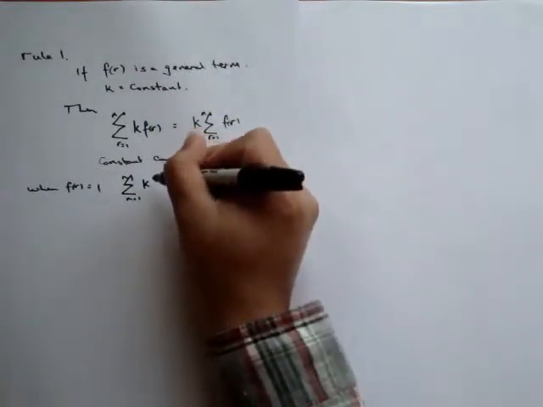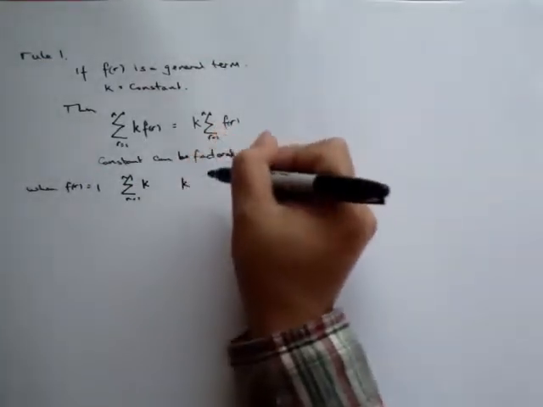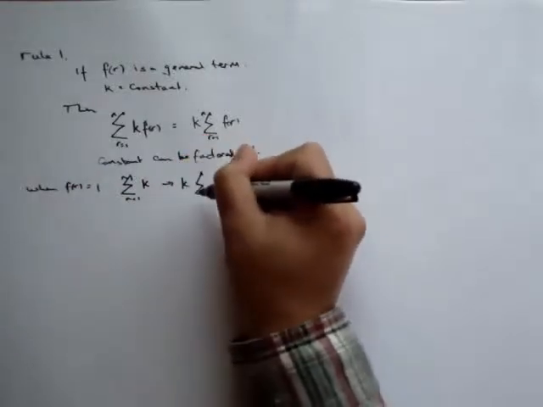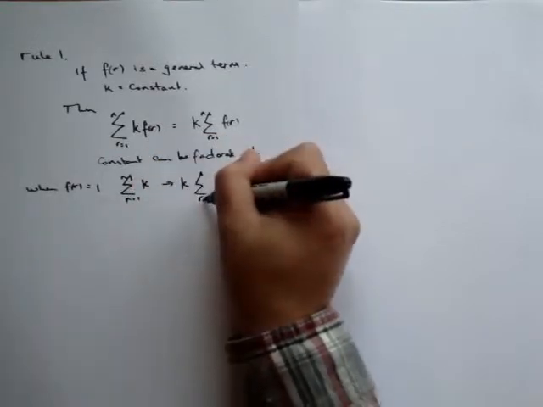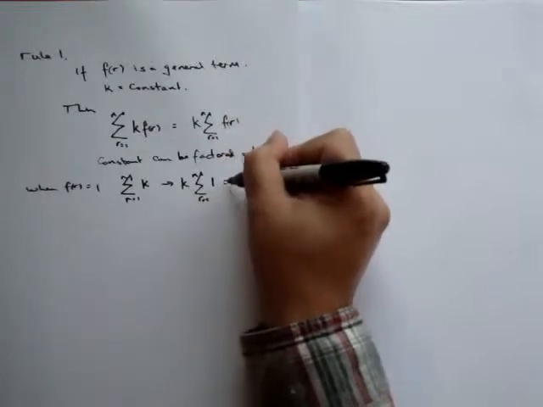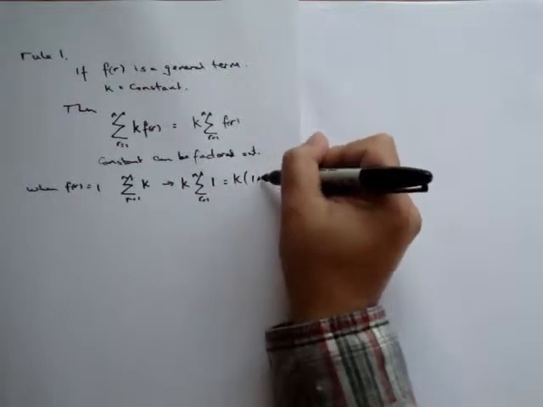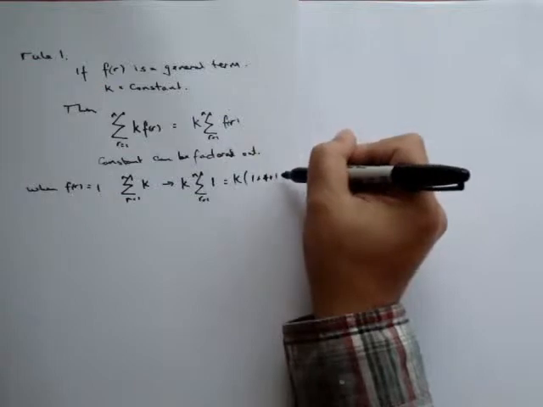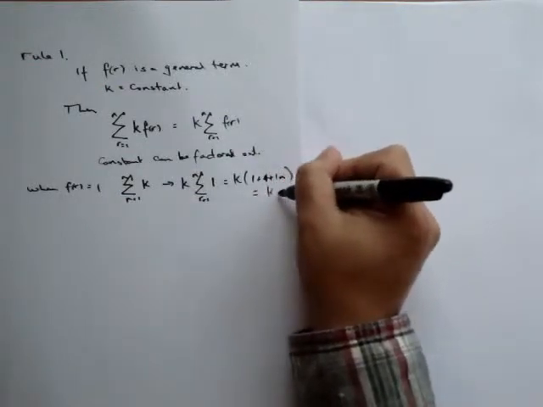So we get k being factored out, the sum from r equals 1 to n of 1, and this equals k times 1 plus 1 plus 1 up to n, and this equals k n.